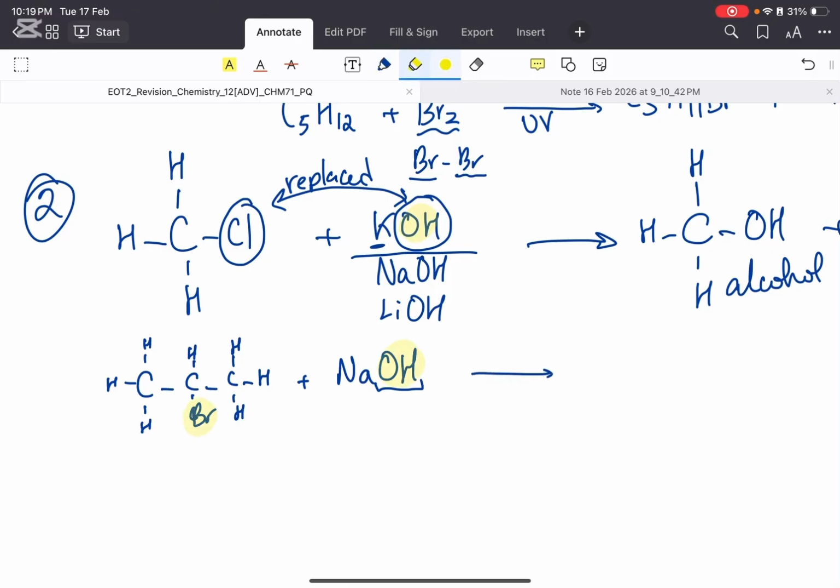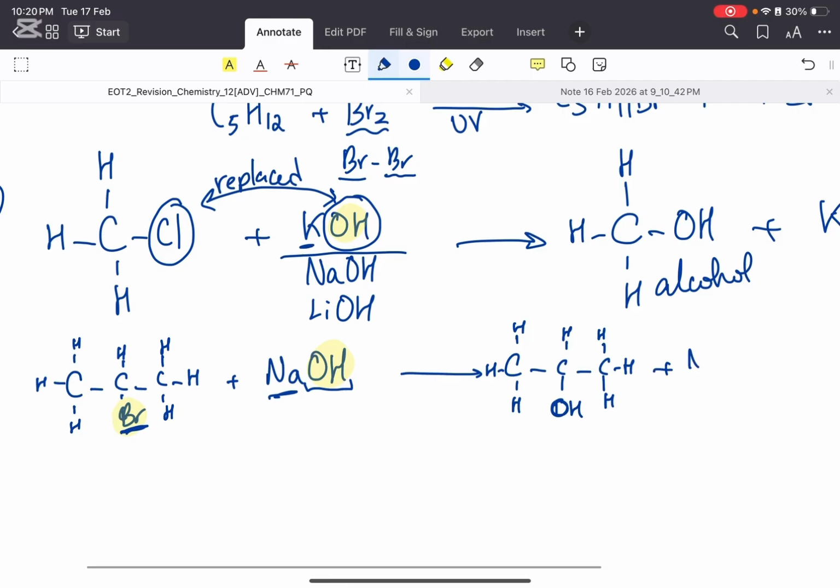The hydroxyl and the Br will switch places. So we will get an alcohol over here, and this Br is going to join the Na plus, NaBr.